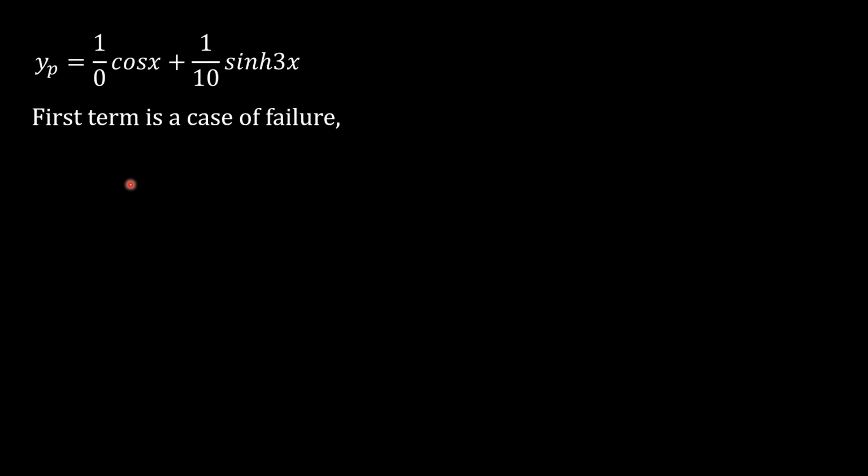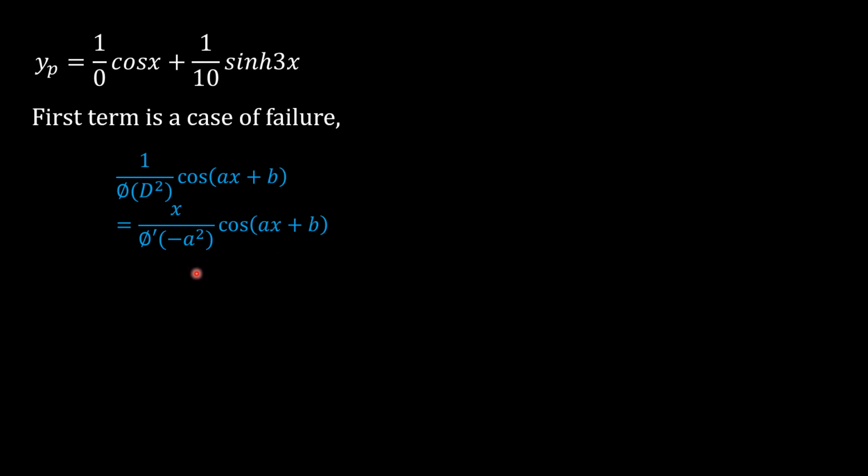What is that formula? The particular integral of cos of (ax plus b): if phi of minus a square is 0, then the particular integral will be evaluated as x divided by phi dash of minus a square, cos of (ax plus b).